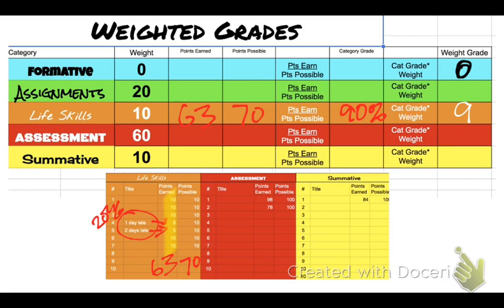We missed because the points earned was 59 instead of 63. Then we had to go 0.9 times 20. What did I get us? I erased it, unfortunately. 18. Okay, so now we have this much done. We have 0 and 18 and 9. We have assessments and summative left now, right? So far, so good?